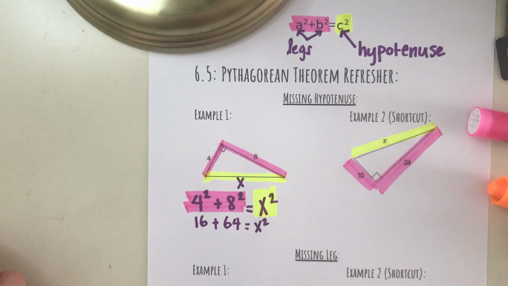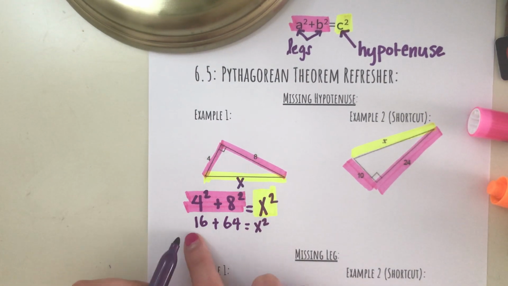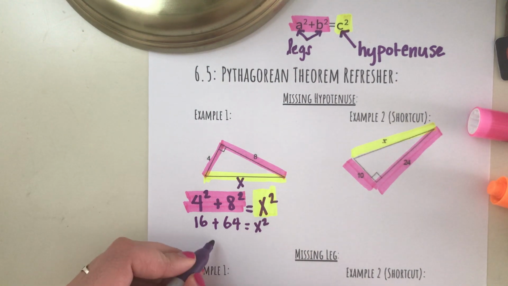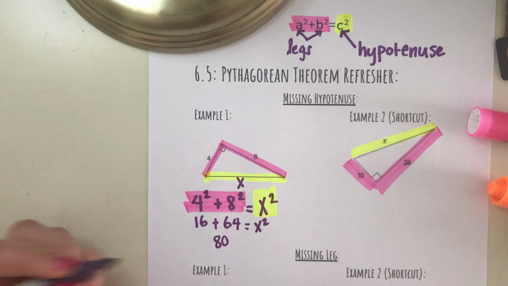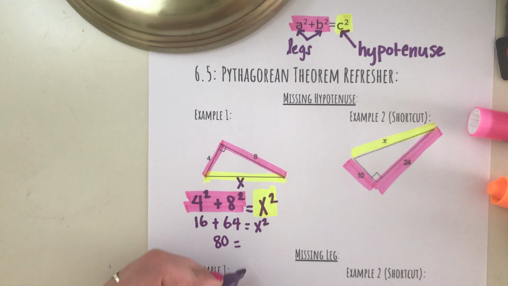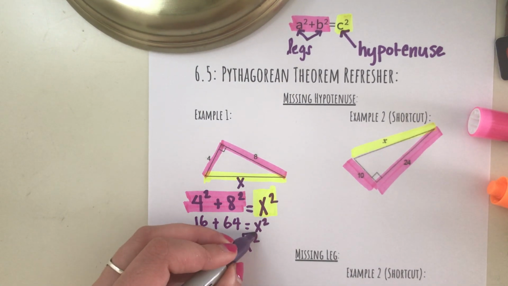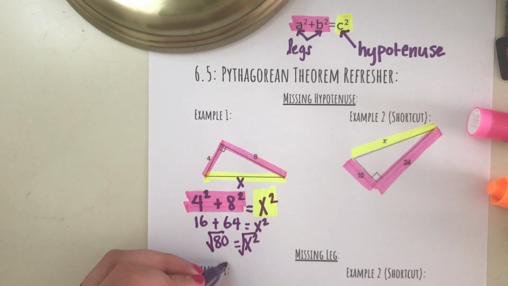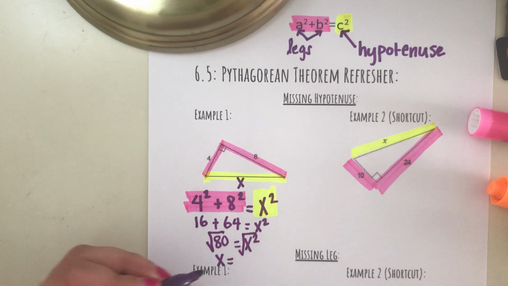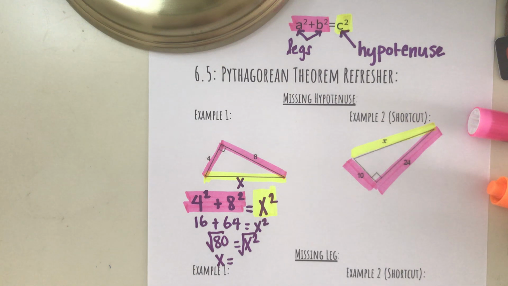Okay, so 16 plus 64 is going to be 80. That equals x squared. Then I take the square root of both sides, and I get x equals, let me see. I do not have a calculator on me, but you would put that into the calculator and you would get your answer right here.